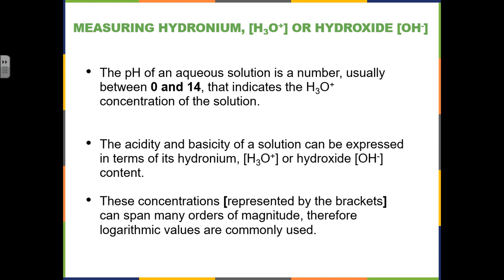It is based on the measurement of hydronium ion concentration found in the solution. The acidity and basicity of a solution can not only be measured in hydronium content, but also by its hydroxide content.